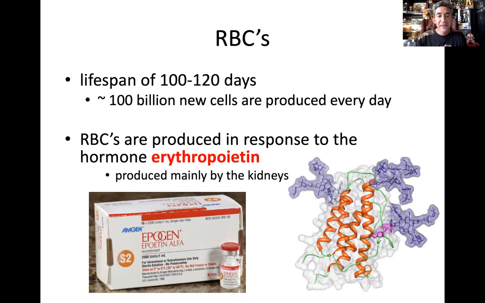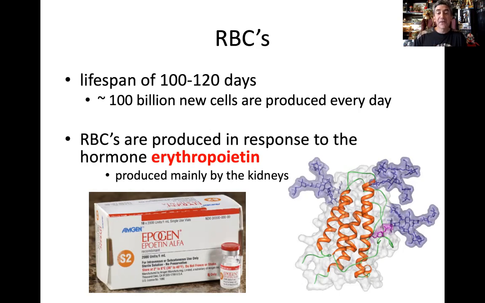So how does this happen? We have to have some sort of feedback mechanism, some way of monitoring and generating the instruction for new red blood cells. Where does that instruction come from? Maybe it's coming from the blood vessel itself. No. Maybe from the heart. No. It's kind of a weird spot.